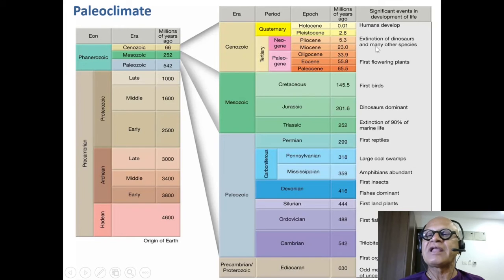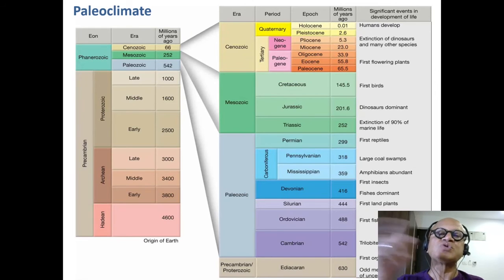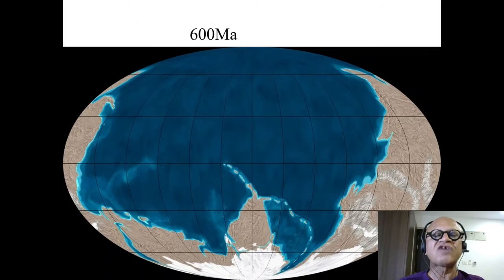Flowering plants, extinction of dinosaurs, explosion of mammals, and then humans came along at the very, very last stage, only about 0.01 million years ago. Some people show this as a 24-hour clock and say we arrived just in the last fraction of a second before midnight.